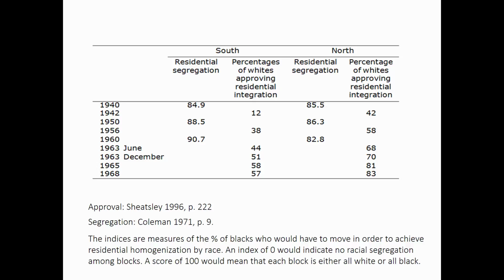But now the interesting thing for us is, remember what I said: if it is about people not liking each other that causes segregation, then there should be less segregation in parts of a country where people approve more of residential integration. Do we find that here?